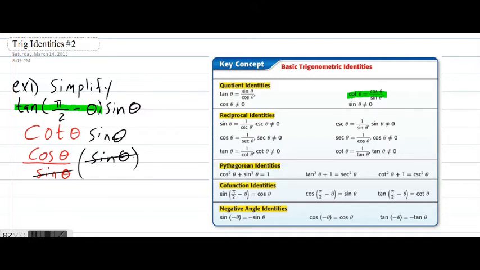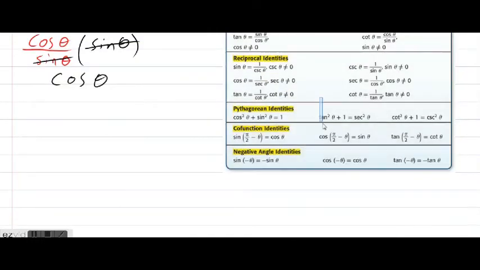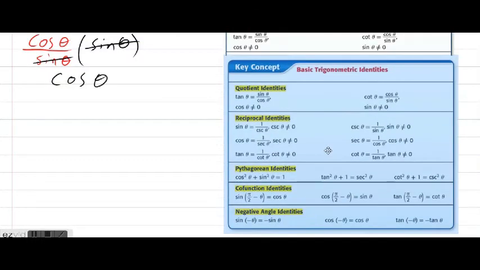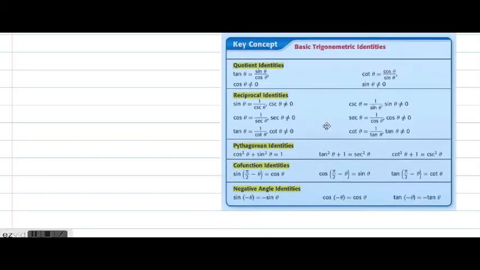Cross cancel. I'm left with cosine of theta. When we're trying to simplify, we're trying to get it to be as small as possible. That's the big thing with these problems. So you will need this chart in front of you for most of these problems.